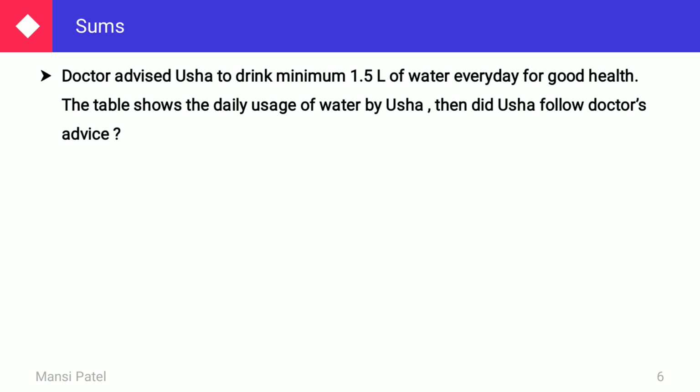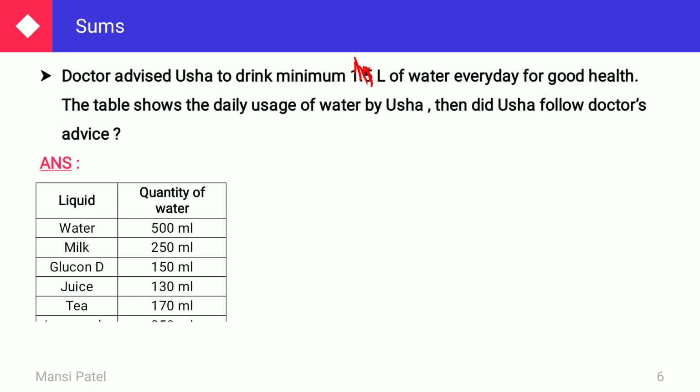So your question is like this now. The doctor advised Usha to drink a minimum of 1 liter of water every day for her good health. Now here they gave one table to you.